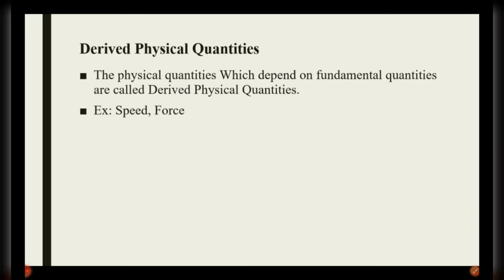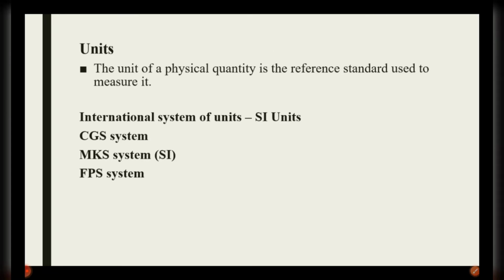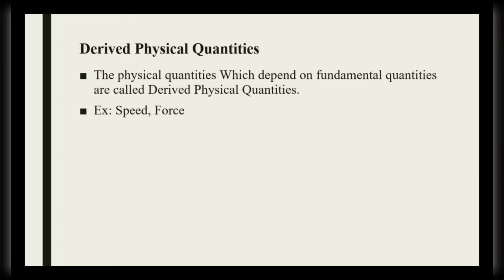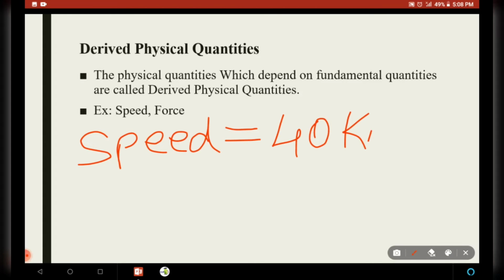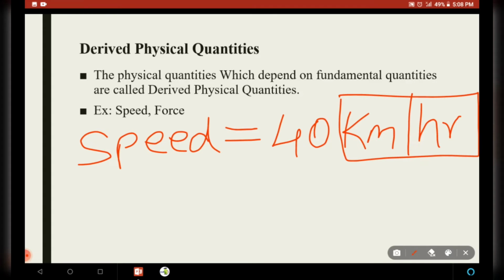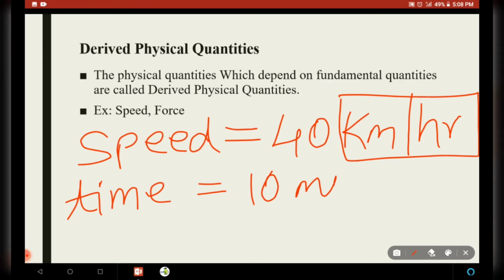Then here, what do we say about speed? It is 40 km per hour. What is this kilometer per hour? Or when we talk about time, we say 10 minutes. What is minute here?